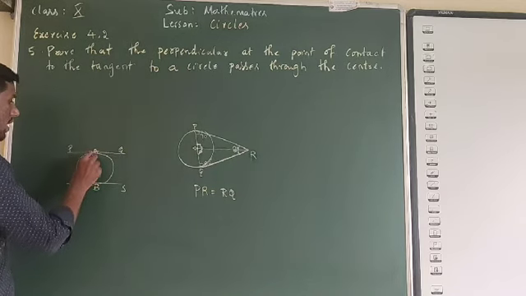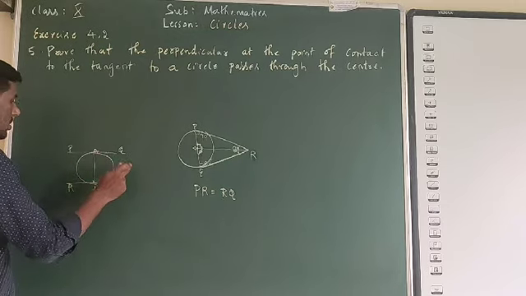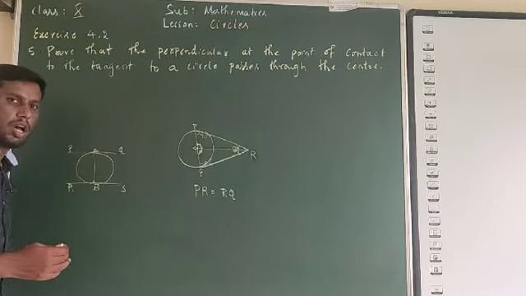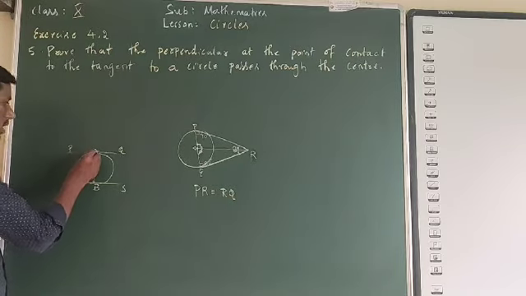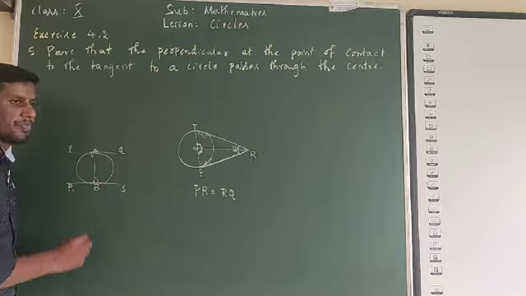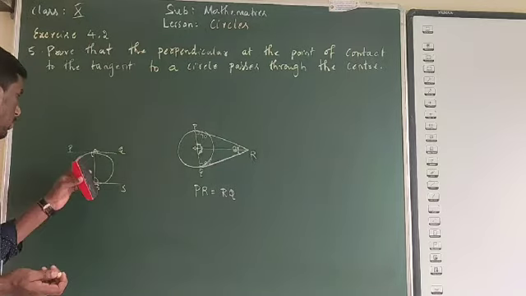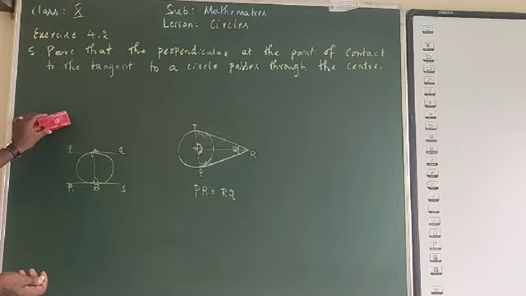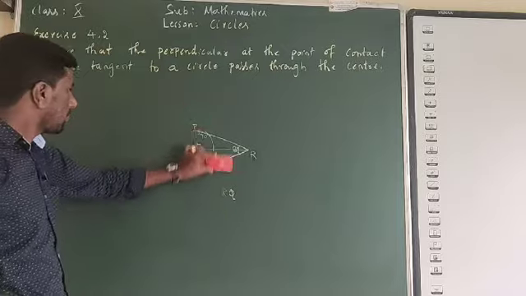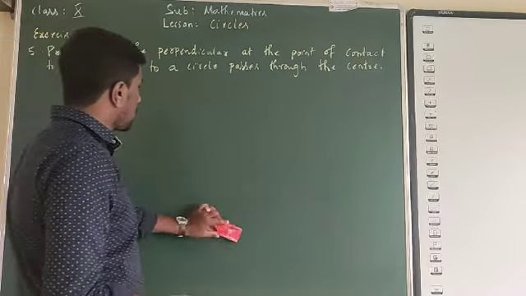We need to prove that these two tangents are parallel, that is, the tangents drawn at the ends of a diameter are parallel to each other. By proving that alternate interior angles are equal, we prove that the tangents are parallel. These two things we learned in the last session. In this session we will go to the next question.